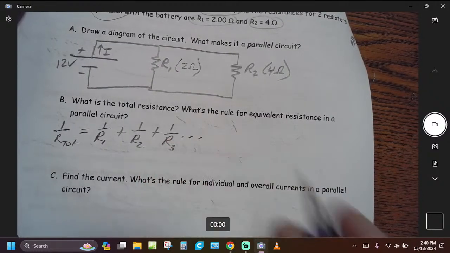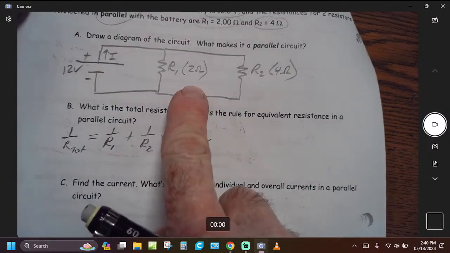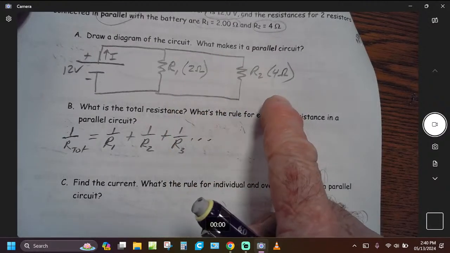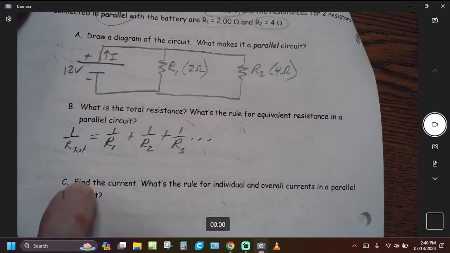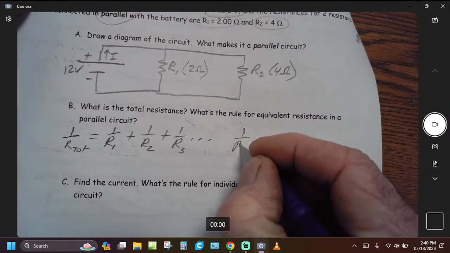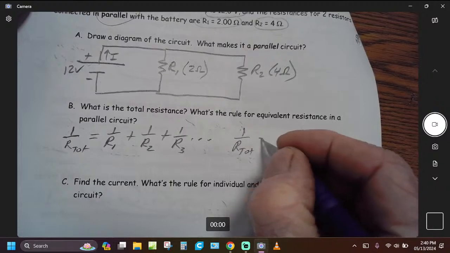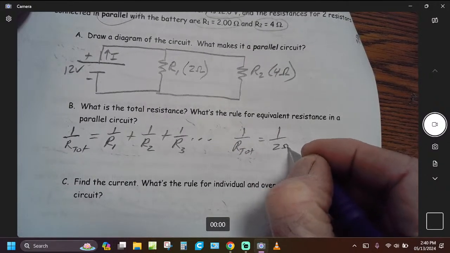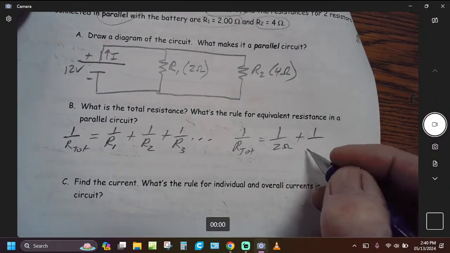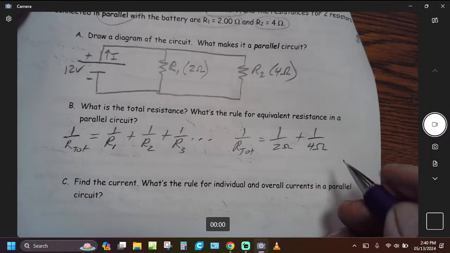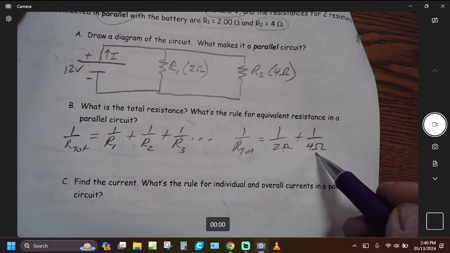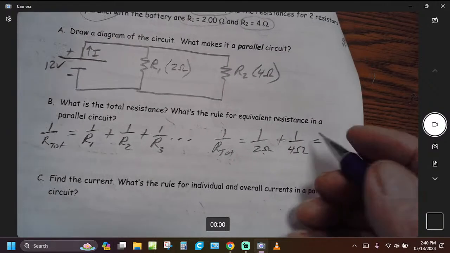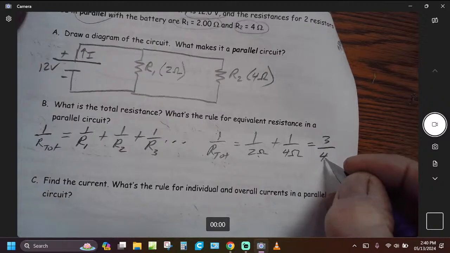And you just keep following that pattern. So if we do 1 over 2 ohms plus 1 over 4 ohms, that should equal 1 over the total. So in this case, 1 over R total equals 1 over 2 ohms plus 1 over 4 ohms. So we've got 2/4 plus 1/4 equals 3 over 4 ohms.